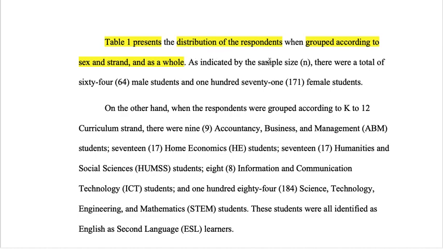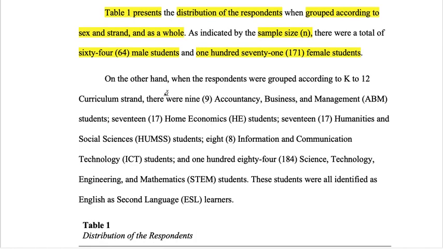As indicated in the sample size, represented by small letter n, there were a total of 64 male students and 171 female students. So, take a look at this. Number 1, the researcher highlighted the sample size for males and females.